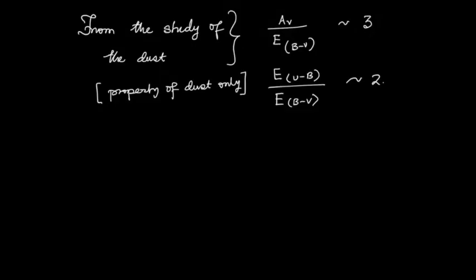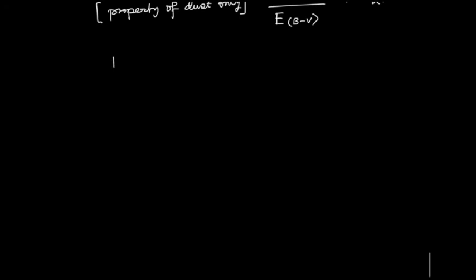Now let us see what will happen to the stars in presence of dust. So let me draw a cartoon picture here. This is called a color diagram, because in the x-axis and y-axis both, we plot a certain color.